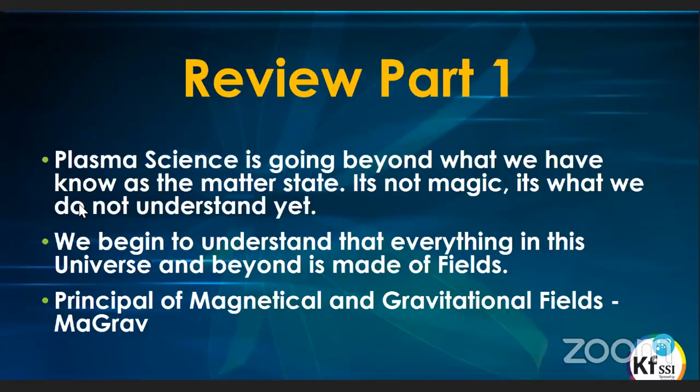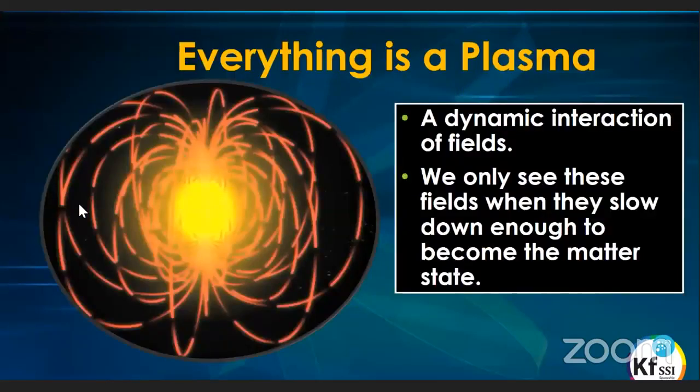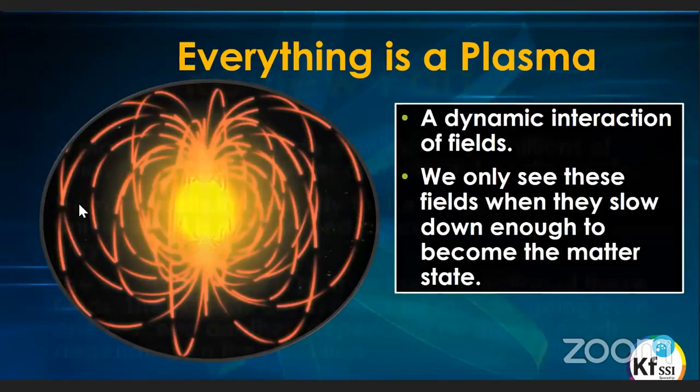We begin to understand that everything in this universe and beyond is made of these fields. We have the principle of the magnetical and gravitational, the maggrav fields. Everything is a dynamic interaction of these fields, and we only see these fields when they slow down enough to become the matter state our eyes can see.